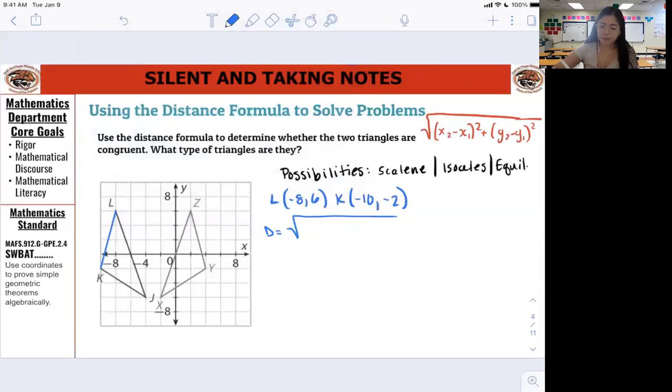What should I write in here first? -10. Good. Minus -8. Awesome. Squared. And then?